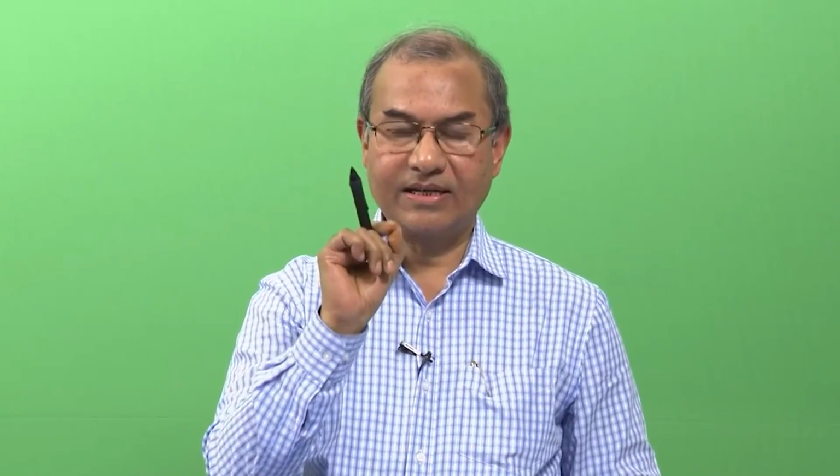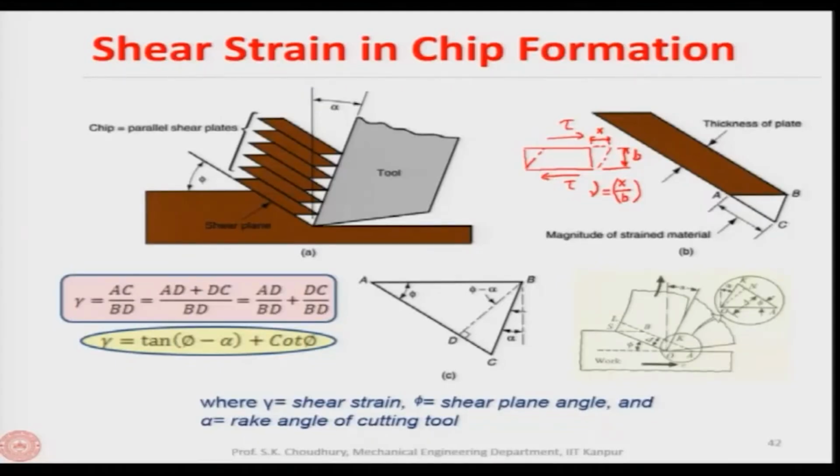Let us say each card is a layer of the chip. When the force is applied from the tool, this stack will be moved like this, as shown in this diagram.